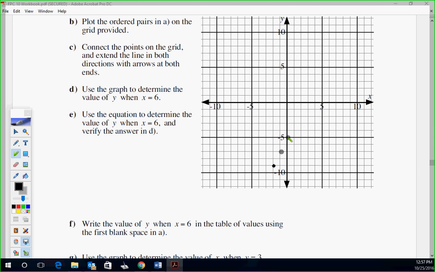Right 1, down 3. 2, -1. And then we also did 5, 5, and then we did 7, 9. So you can see this is a linear relation. It's a straight line.